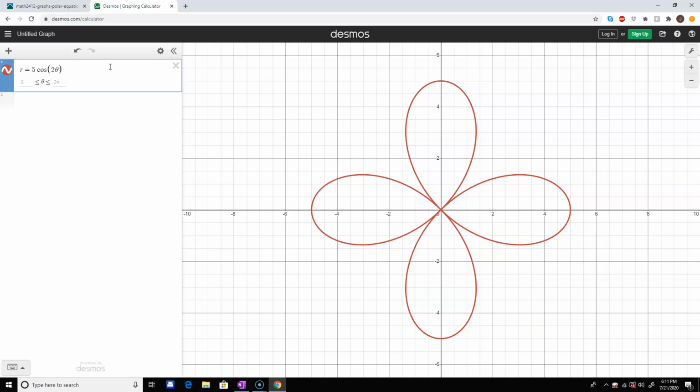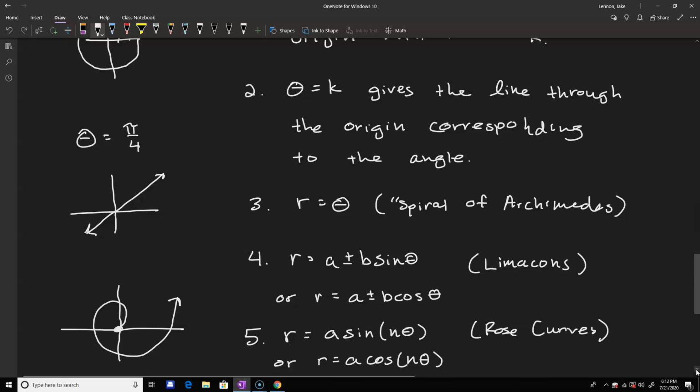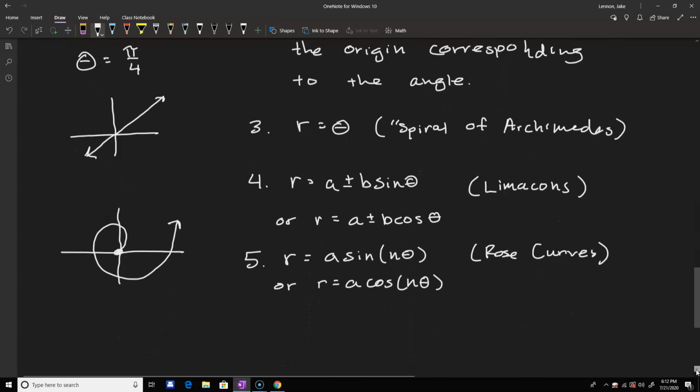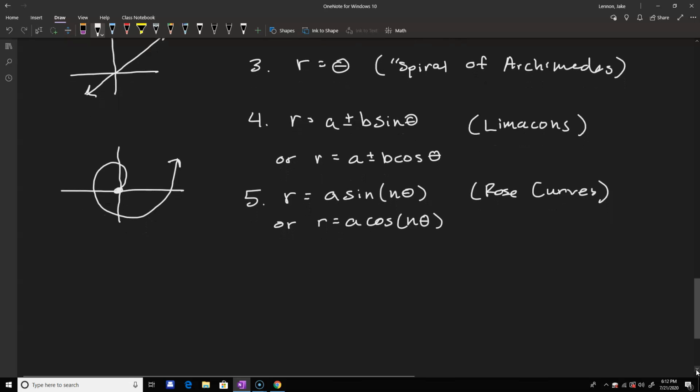And then the last type of curve we want to talk about is the lemniscate. The equation for the lemniscate is a little more complicated, but basically what it's going to give you is a figure 8 or an infinity symbol. That's what it looks like.